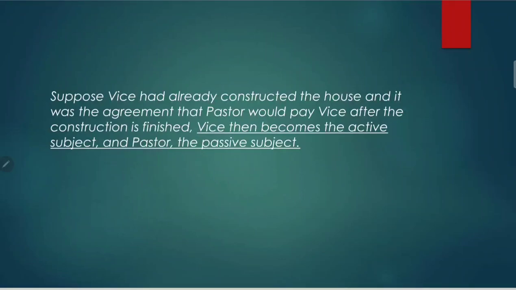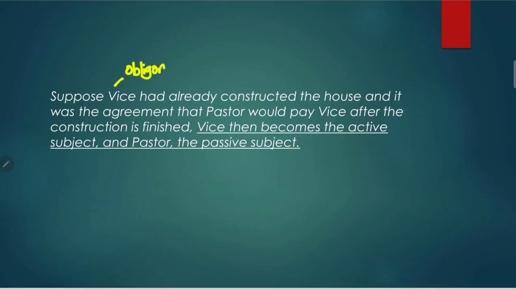So, next scenario naman tayo. Suppose Vice was the obligor kanina. One who has the duty kanina, had already constructed the house, and it was the agreement that Pastor would pay Vice after the construction is finished.